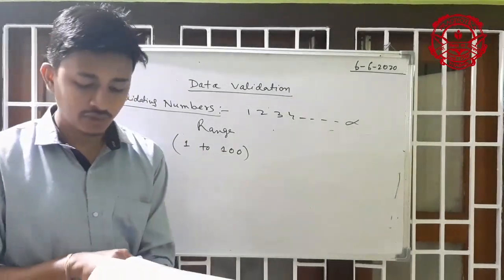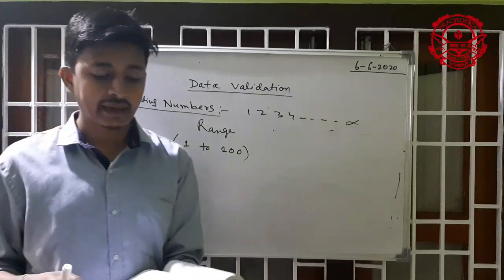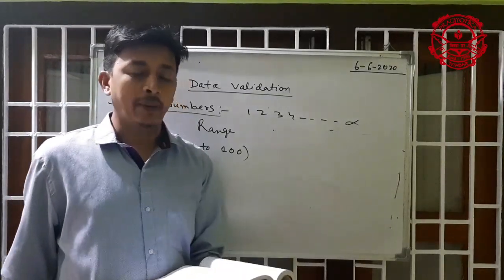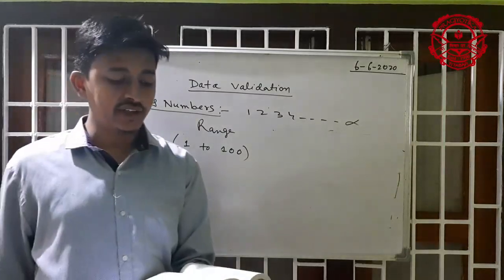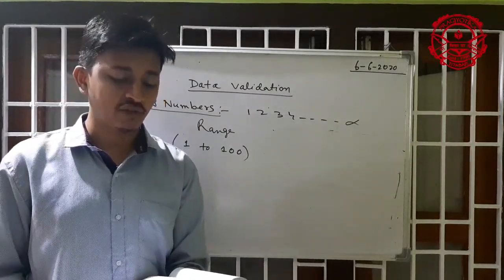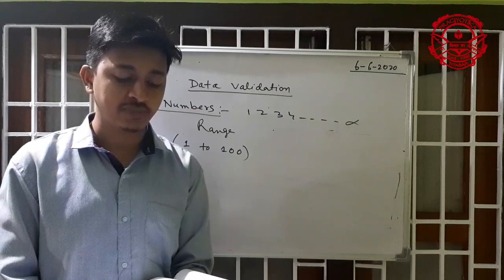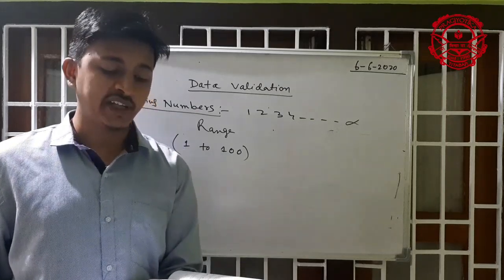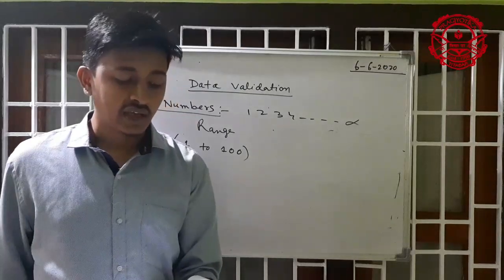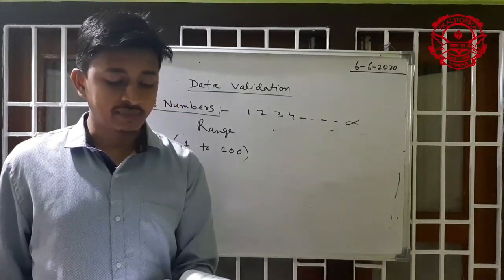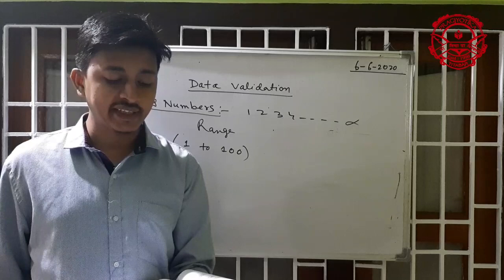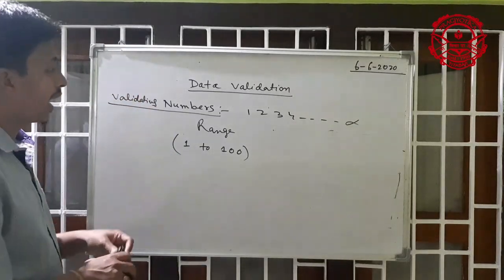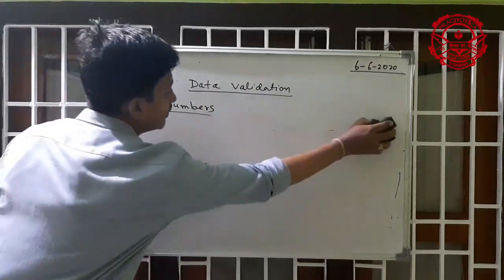You can see in the book, page 205, a table given here, validation expressions for numbers. First is less than 200, the value should be less than 200. Greater than 500, the value should be greater than 500. Not equal to 100 means the value can be anything except 100. I write these one by one.